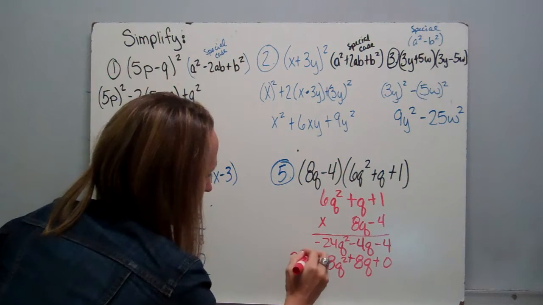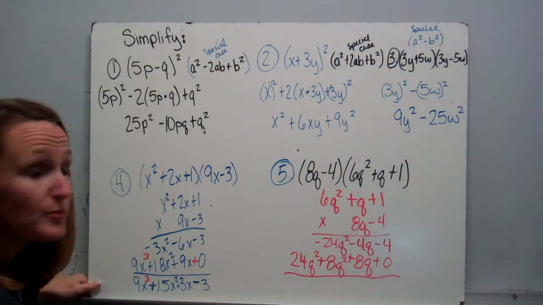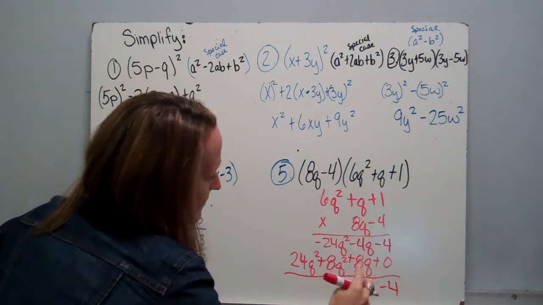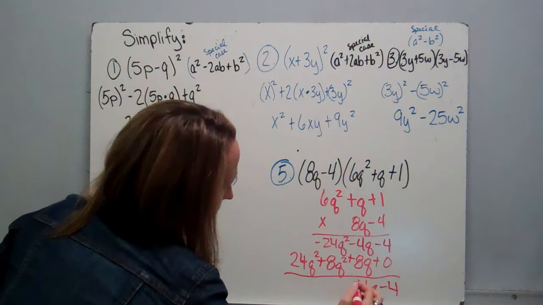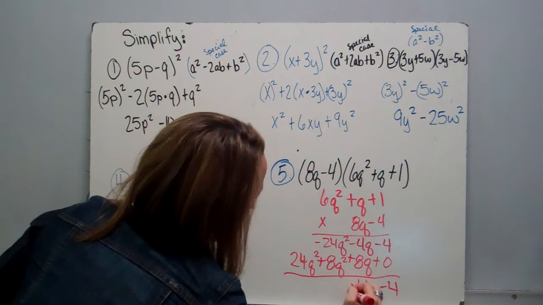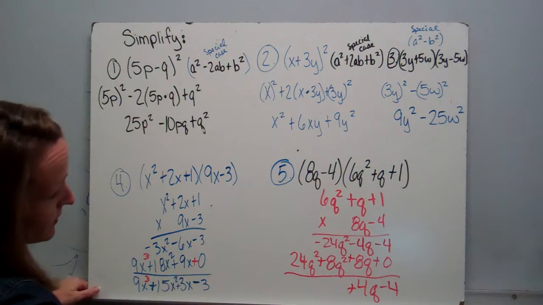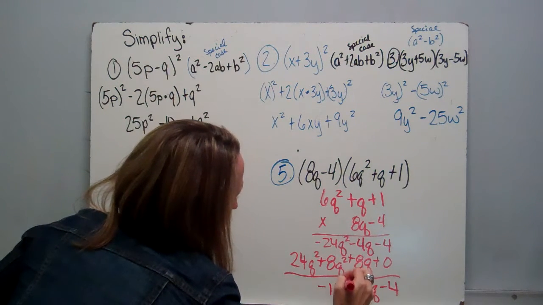Make that a little more clear. So now all I have to do is combine all my like terms, which are lined up so nicely. So negative 4, negative 4q and 8q gives me 4q. Negative 24q squared plus 8q squared will be negative 16q squared.